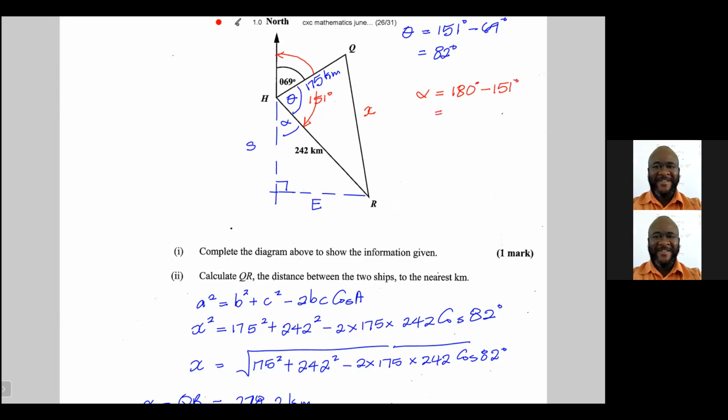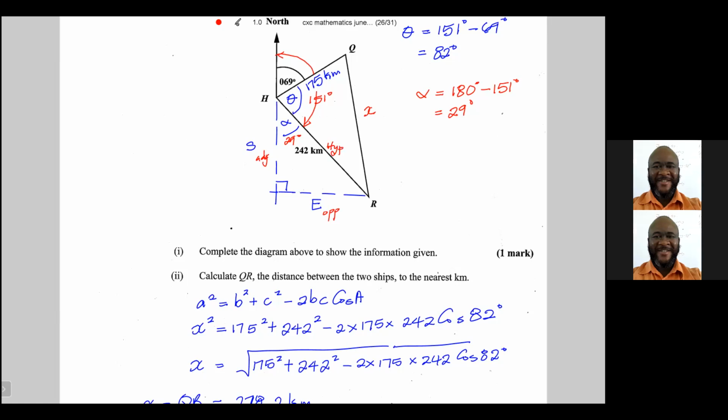So alpha here would be equal to 29 degrees. Here, E is opposite, S is adjacent, and the 242 is the hypotenuse.